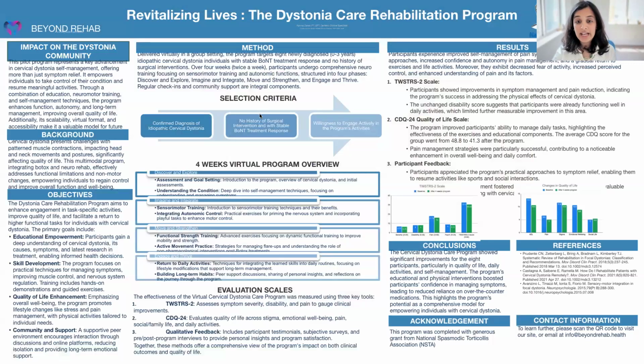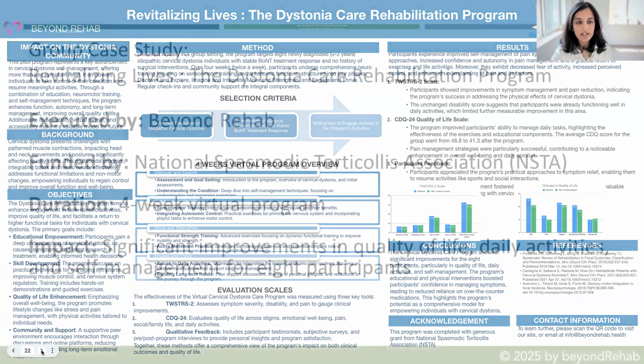Last year we presented at an international Movement Disorder Conference about the dystonia care program, a group-based approach. The focus was a 4-week virtual program, divided into 8 sessions, twice a week, with a pre-assessment and post-assessment.